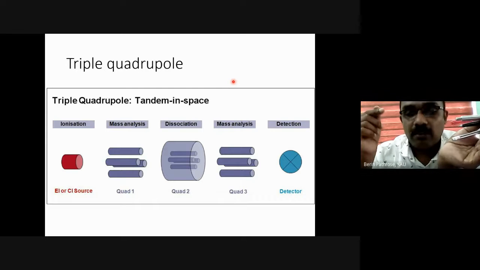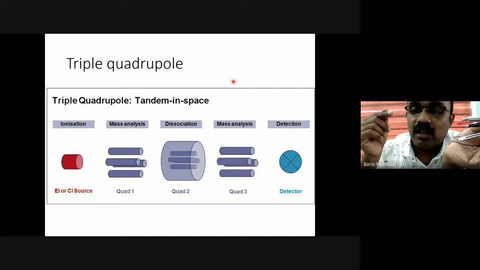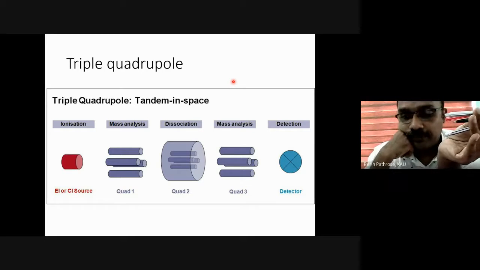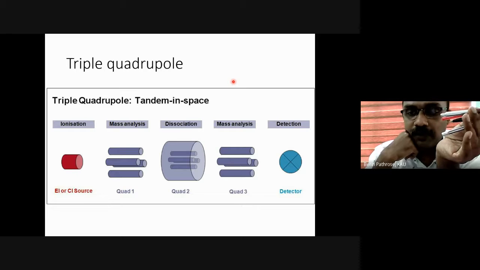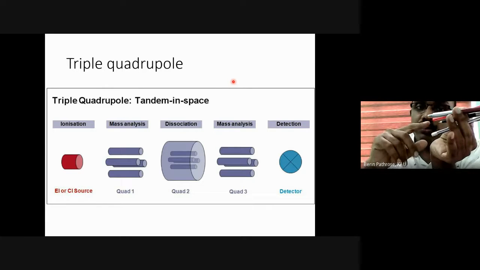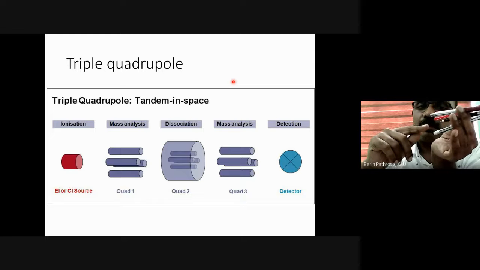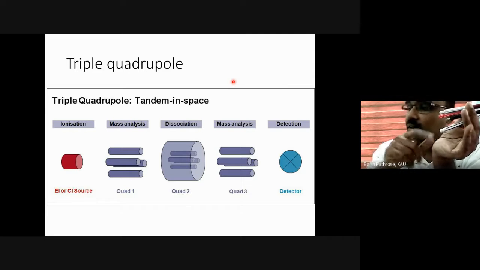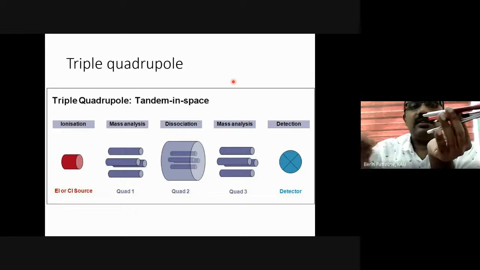Now a positively charged molecule is passing through the quadruple. Once it enters the quadruple, see this red pen.